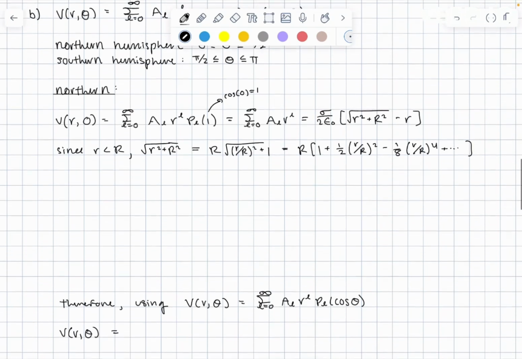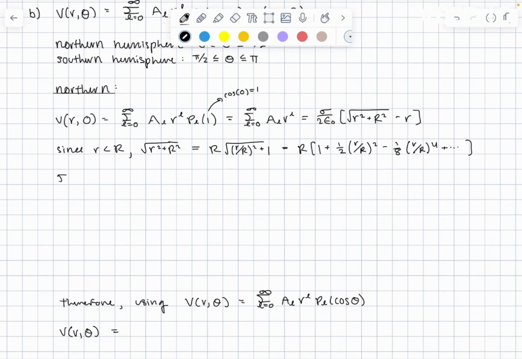So then we can say that the sum from 0 to infinity of a_L r to the L has to be equal to sigma over 2 epsilon naught times, and I just am now factoring R back in, R plus 1/2 r squared over big R minus 1/8 little r to the 4 over big R cubed, continuing.